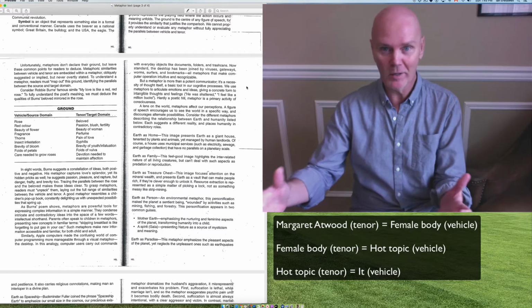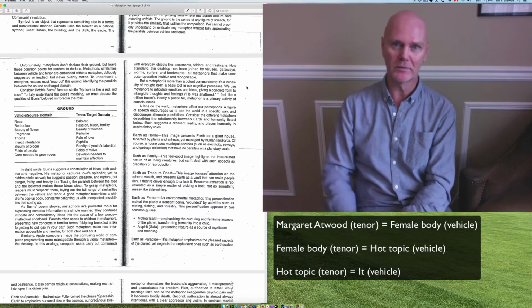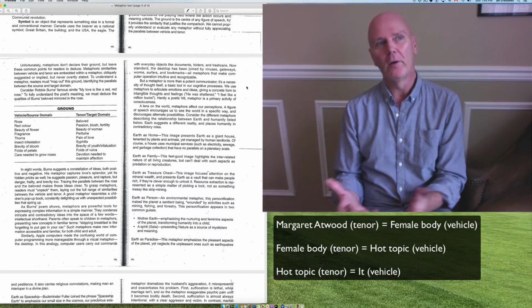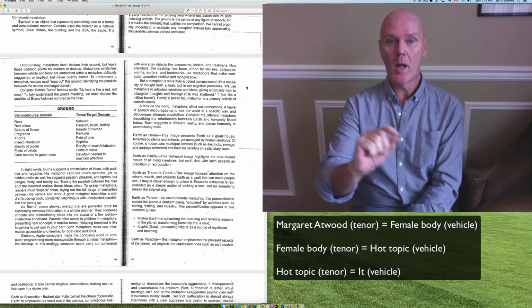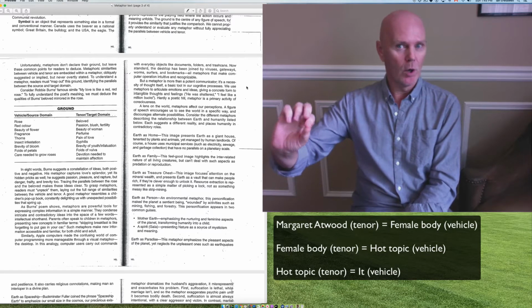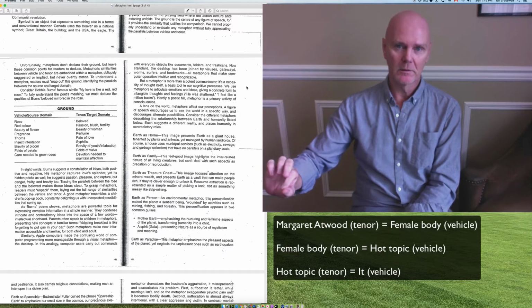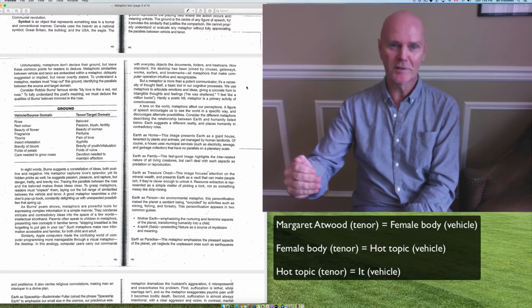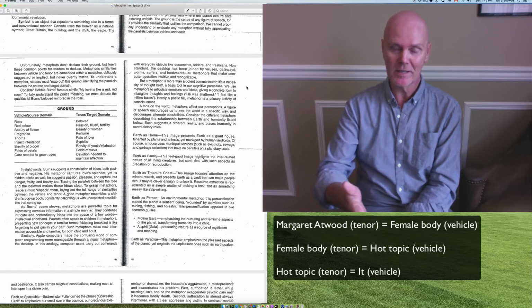And now we just run with the ball, to use a metaphor. So why not have female body tenor equals hot topic, vehicle? And you can see what she's starting to do in this text, in this essay.